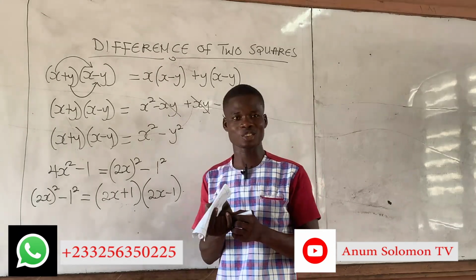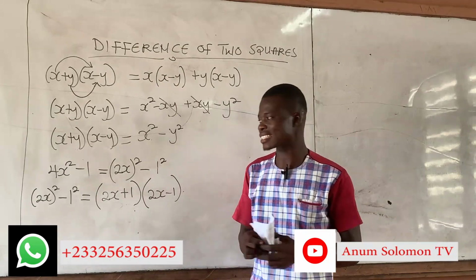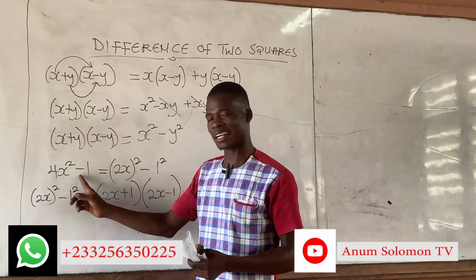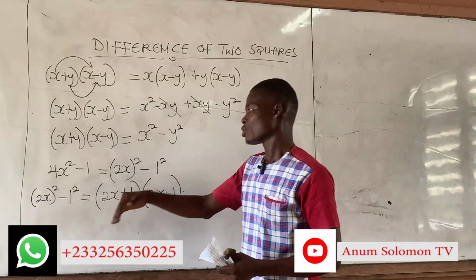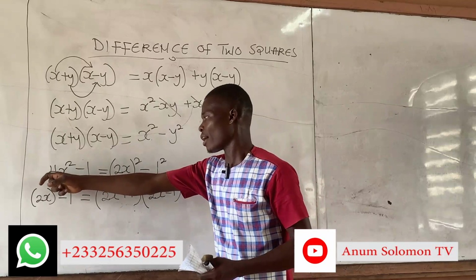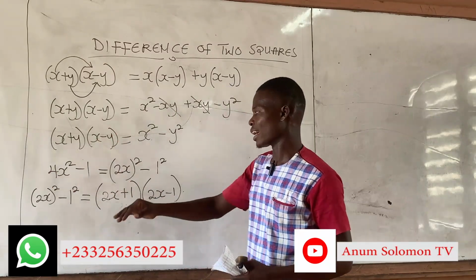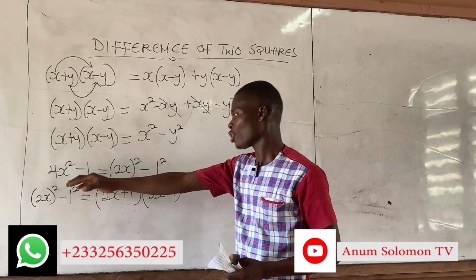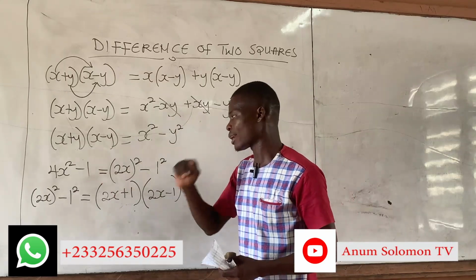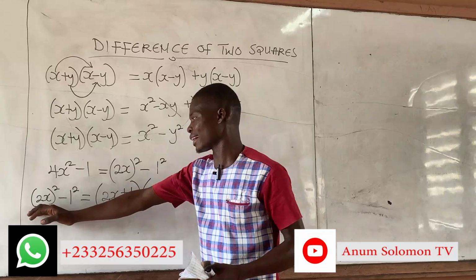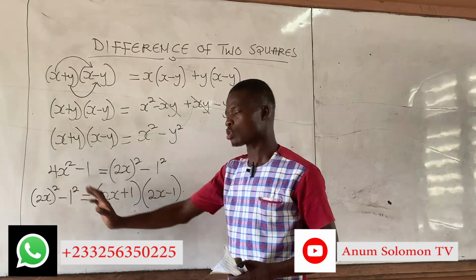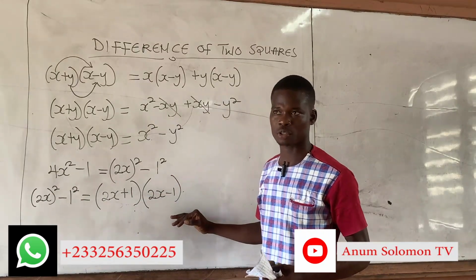So when we are asked to factorize 4x squared minus 1, it is simple: we have to find the perfect square for the 4, perfect square for the 1, and after everything we have (2x) power 2 minus 1 power 2, and this is our result.